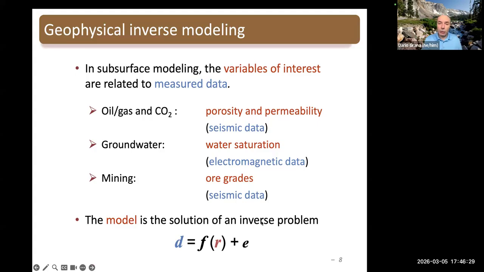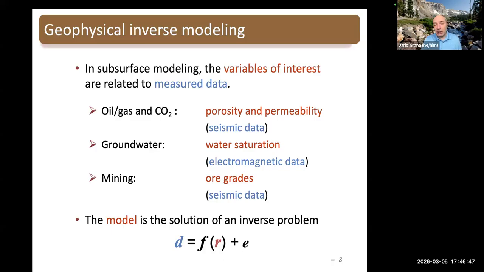So what we can do is formulate what we call an inverse problem. We know that the data depend through a function f, which is essentially the physics, on the variables of interest, and then there's always an error, which is the error in the measurements.